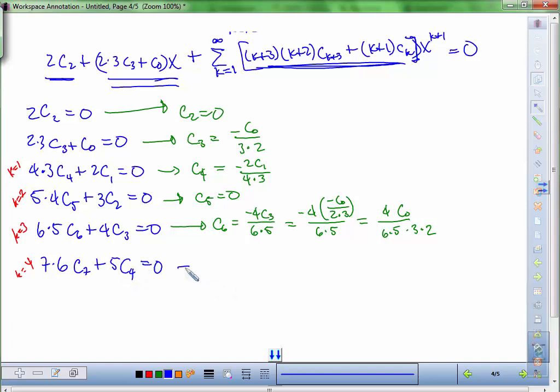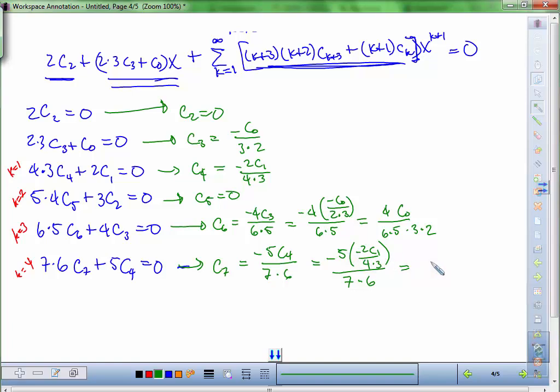So this tells us that C7 is going to be negative 5 C4 divided by 7 times 6, which tells us that this is negative 5 times C4, which was negative 2 C1 over 4 times 3, divided by 7 times 6.